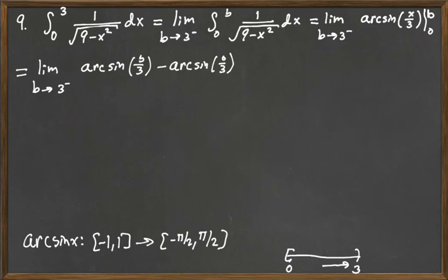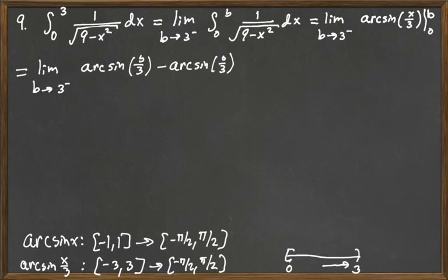So if we're looking at the arc sine of x over 3, we're okay to take numbers from -3 to 3 all the way to negative pi over 2 to pi over 2. Okay, and so approaching 3 from the left-hand side, that's valid, that's within the domain, so we can talk about this. Also, we couldn't exceed 3 anyways because we'd get complex numbers there, so we can look at it from that angle as well.